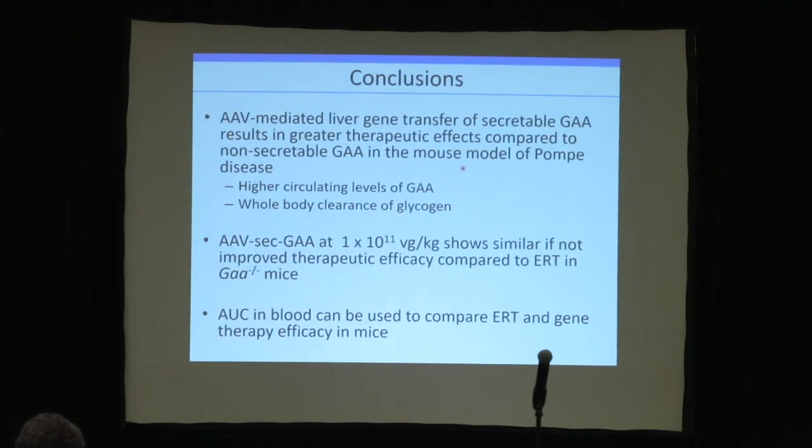So just to conclude this, it can also be a take-home message. The first thing is why we do that. I mean, why we improve gene therapy. Dwight already showed that liver gene therapy is efficacious, but why do we need to improve?